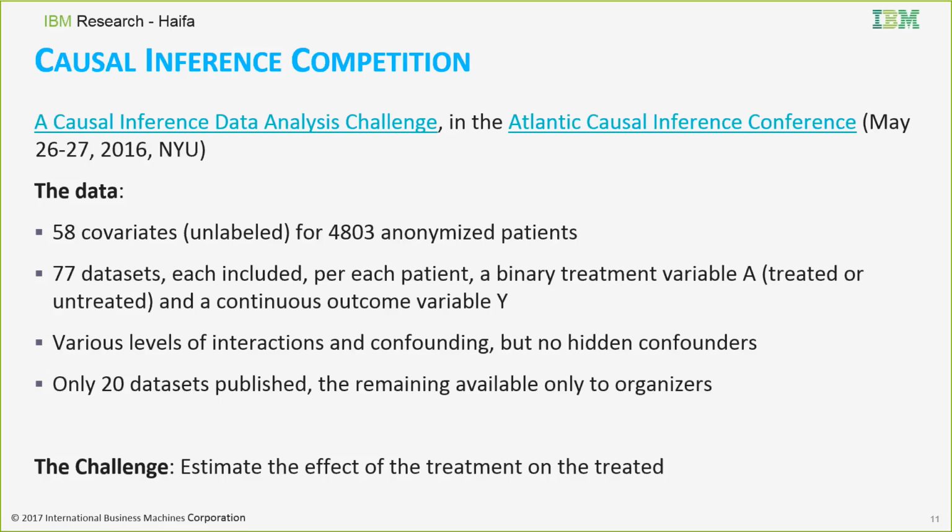For each one of these, for each patient, they somehow decided what would be the treatment assignment, but we don't know how, and based on the treatment assignment and the covariates, they generated the outcome variable Y. And the 77 data sets are basically different ways of simulating the outcome and the treatment as functions of the covariates.